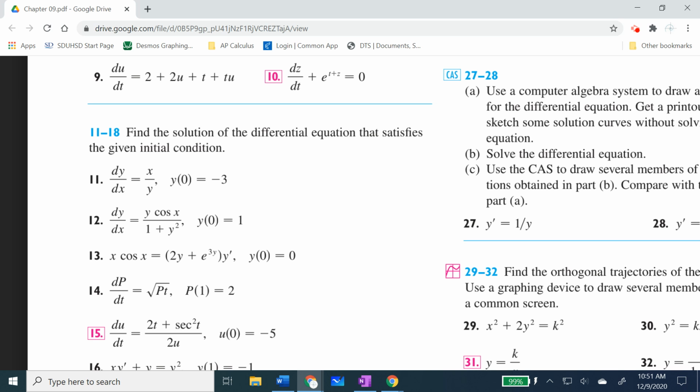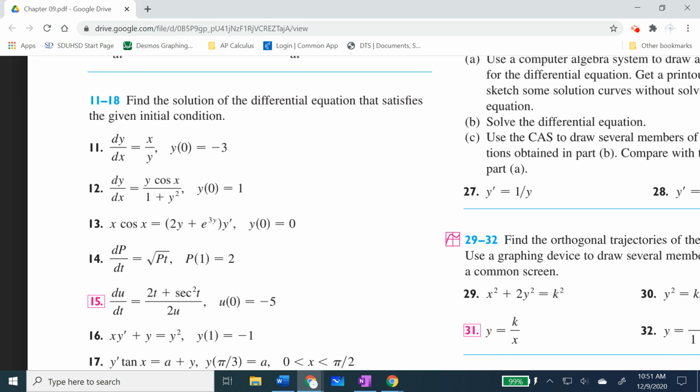Some of these problems, though, you have to decide between a plus and a minus situation. So make sure that if you are able to isolate y, that you do, is really what it comes down to. But don't waste too much time trying to isolate your y, because it may not be isolatable.